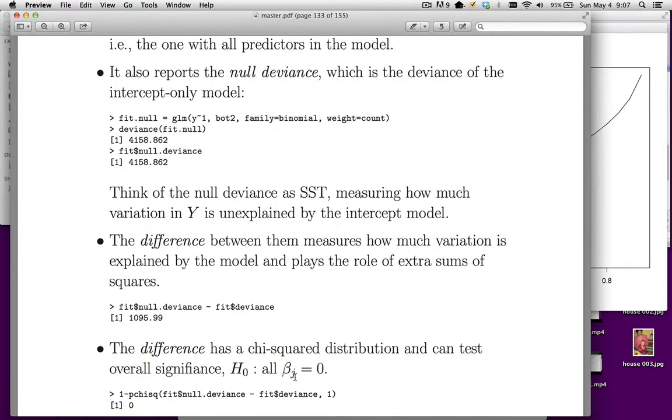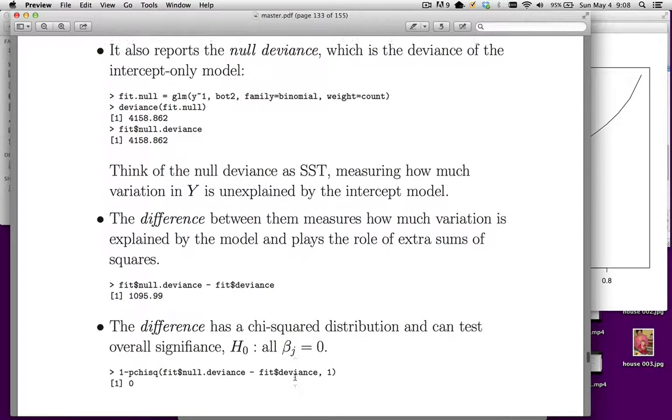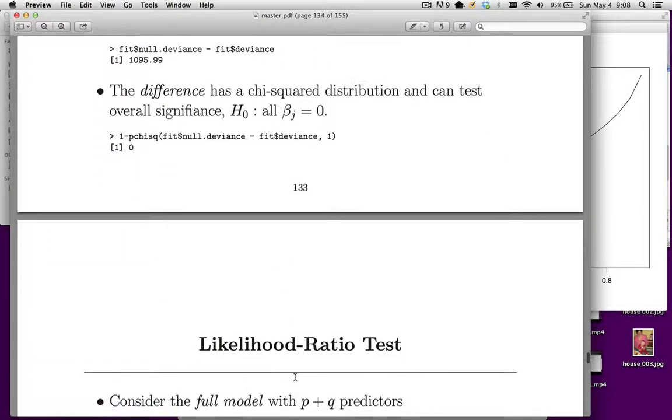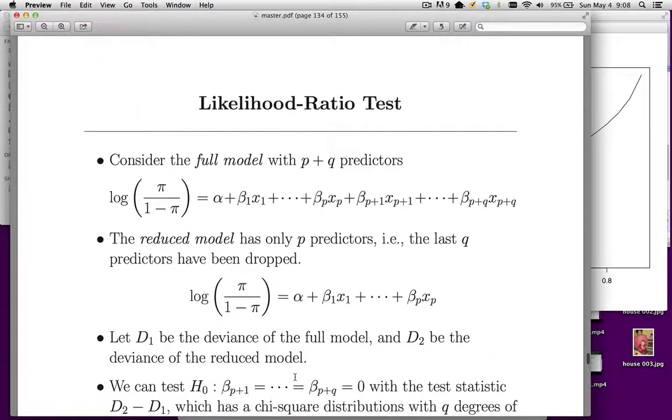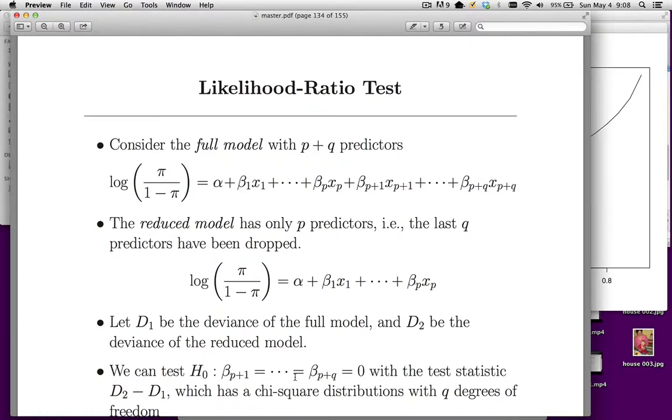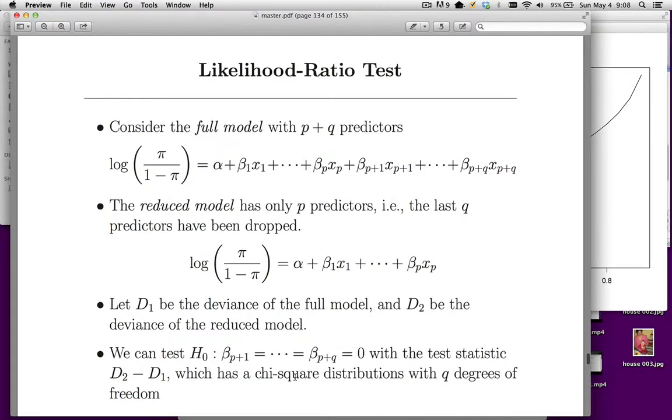This test turns out to be a special case of a very important hypothesis testing tool for us, which is the likelihood ratio test. It's the analog to all of the F-tests that we were doing earlier.